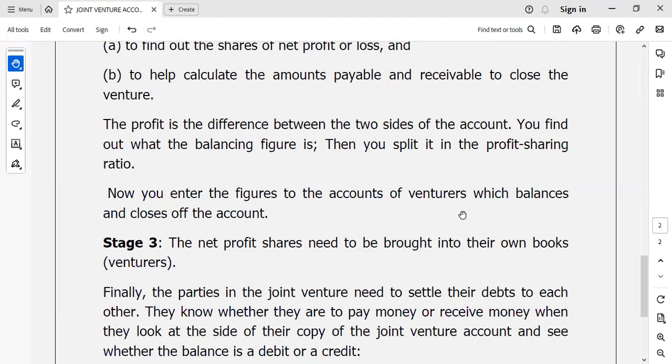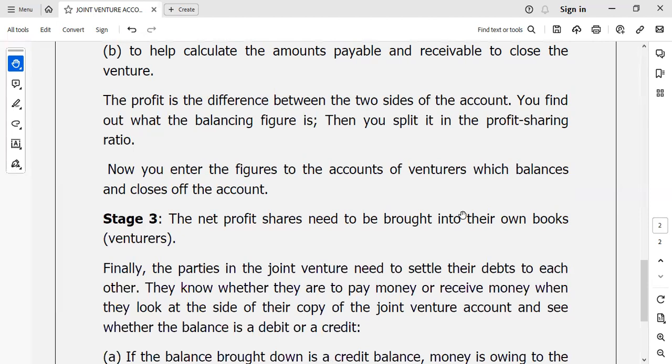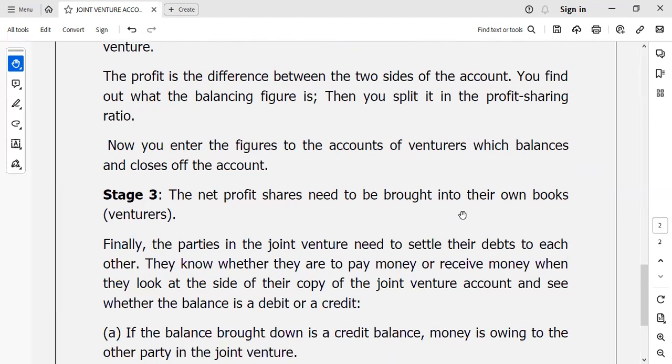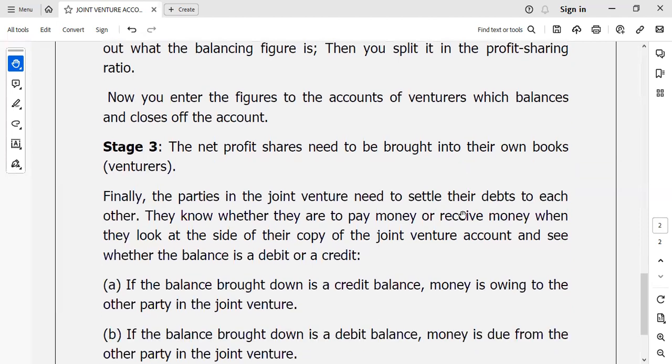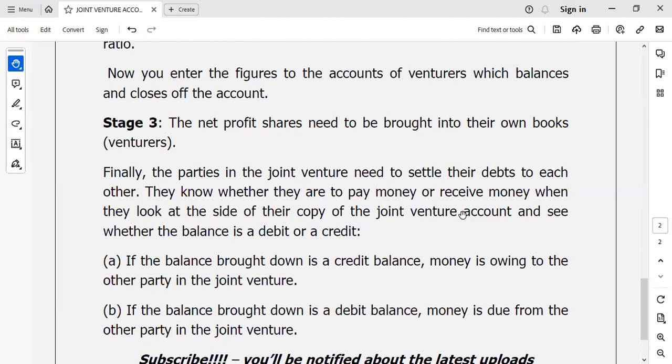They know whether they are to pay money or receive money when they look at their copy of the joint venture account and see whether the balance is a debit or credit. If the balance brought down is a credit balance, money is owed to the other party in the joint venture. If the balance brought down is a debit balance, money is due from the other party in the joint venture.